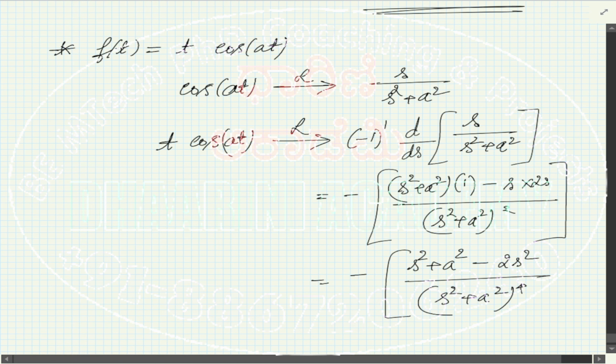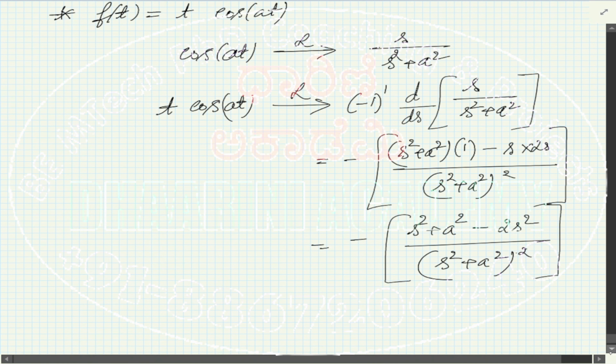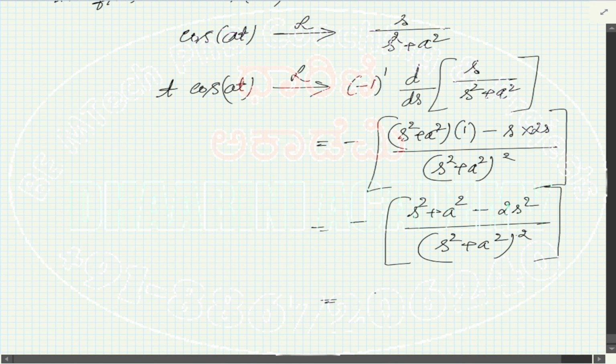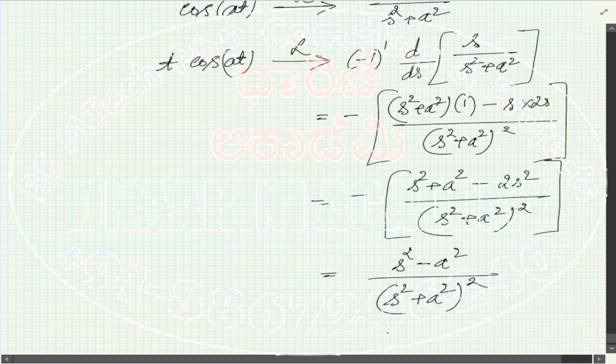Sorry, this is not power 4, my mistake. This is square. So rearranging the terms, because there is a negative sign outside the bracket, minus 2s square plus s square becomes minus s square. Minus of minus becomes plus, so (s square minus a square) whole divided by (s square plus a square) the whole square. This is the required answer of the Laplace of the given function.